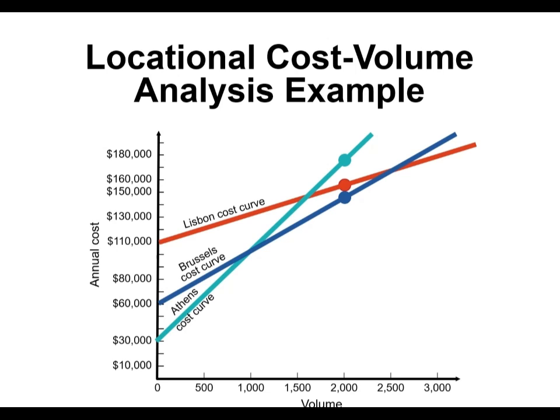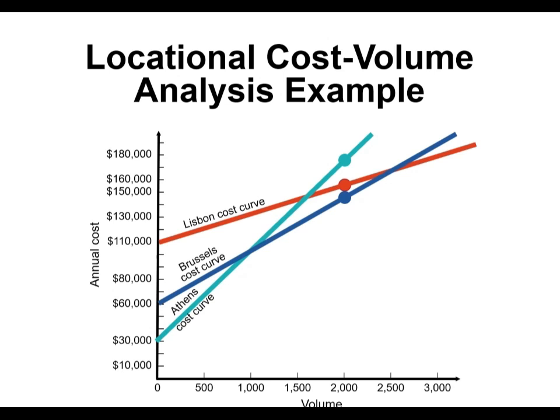And then the 60,000 is the Brussels equation, where this 60,000 is the total cost if you do not produce anything. So make sure that this Brussels line is also crossing over the Athens line at the volume of 1,000. If you are using a ruler, then it should be no problem.